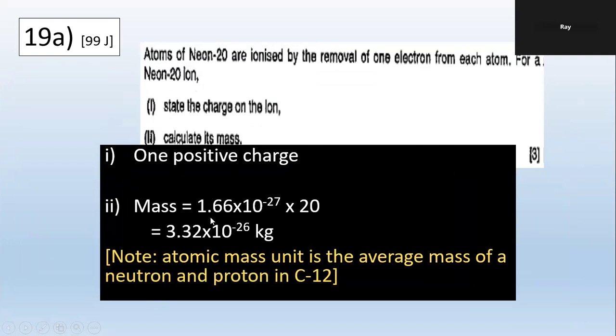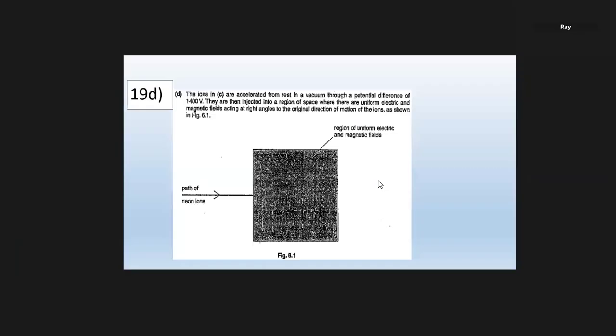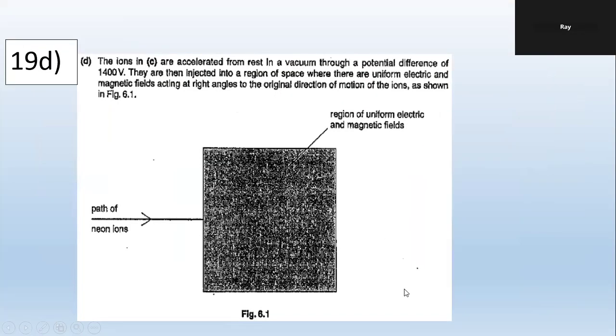Alternatively, 20 times atomic mass unit, where one atomic mass unit is 1.66 times 10 to the power minus 27 kilogram. Then the answer is in kilograms.